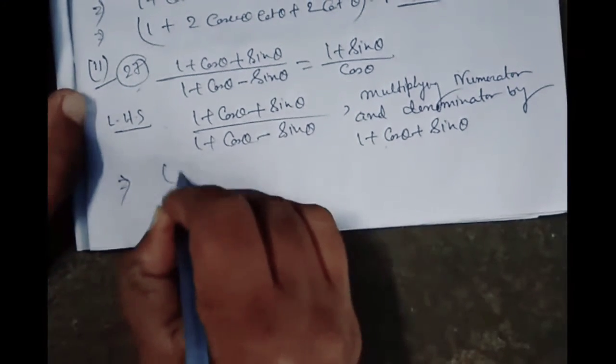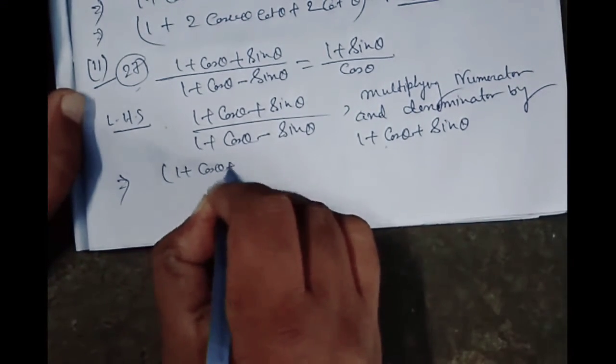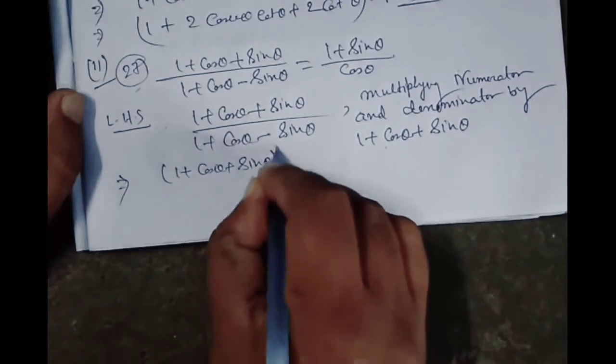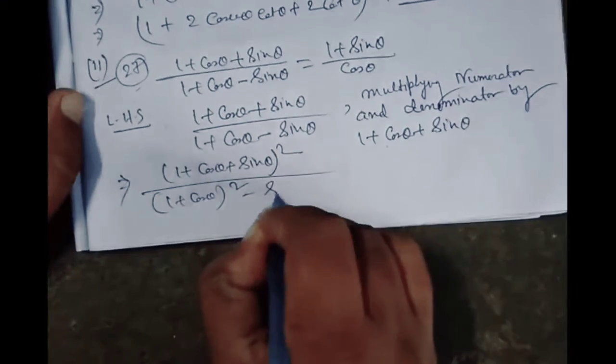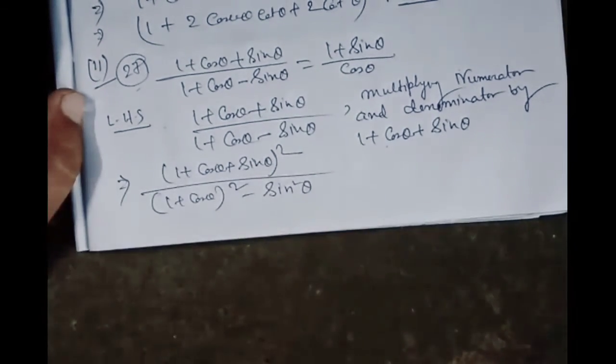So if we do that, we are getting (1 plus cos theta plus sin theta) whole square over (1 plus cos theta) whole square minus sin square theta.